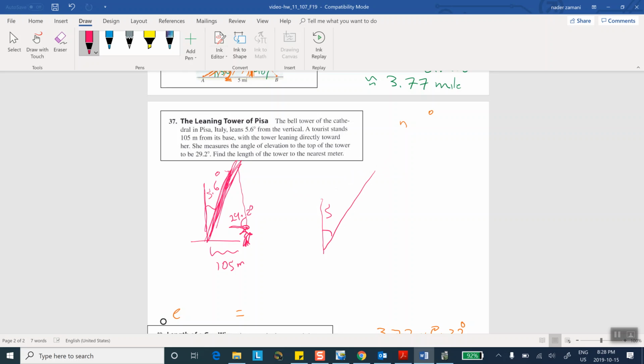This angle is 5.6 degrees. This is the tower, and there's the tourist standing here, and the angle of elevation is this angle. It's 29.2.